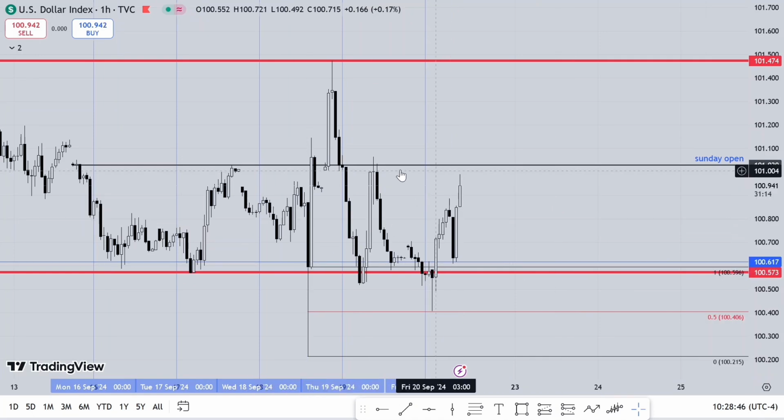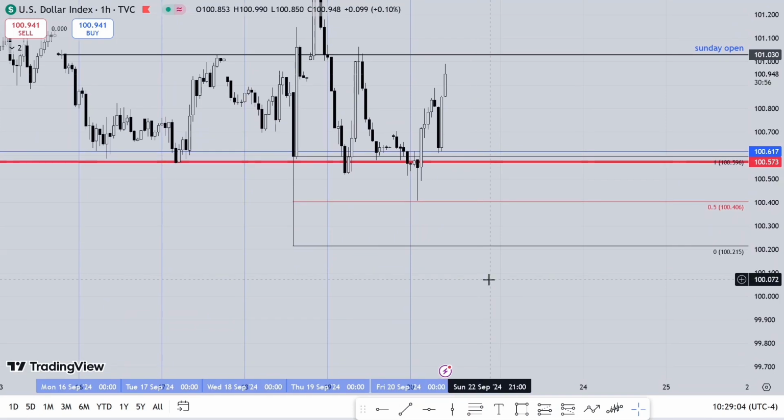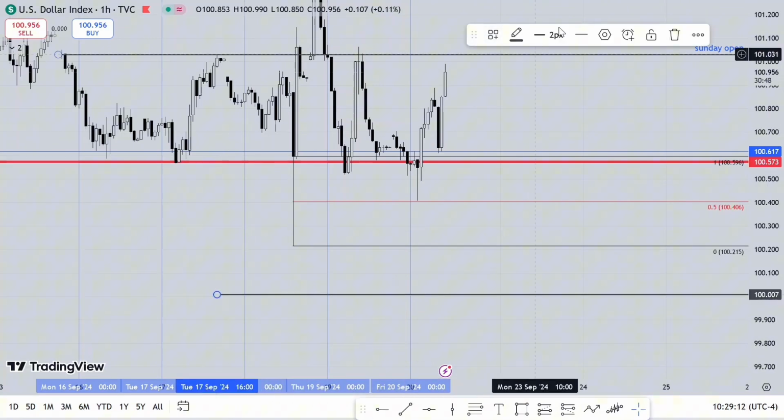So we're expecting the highest body of this Thursday's candle to act as a resistance PDRA to take price lower to these lows and down to our target, which is this 100 round figure level. So this is our target for the week, 100.